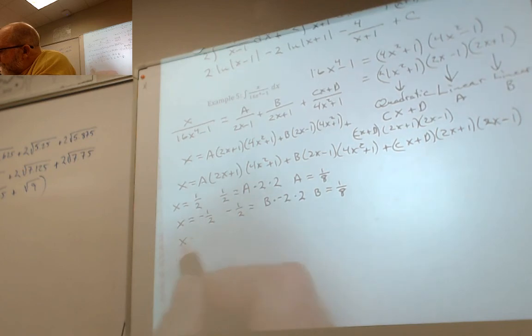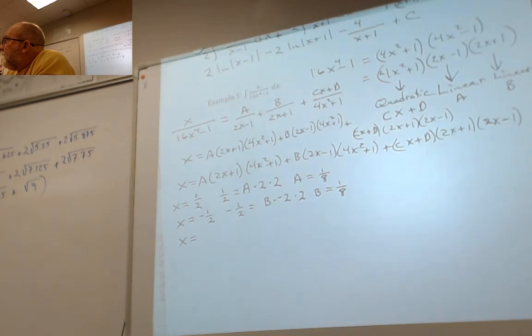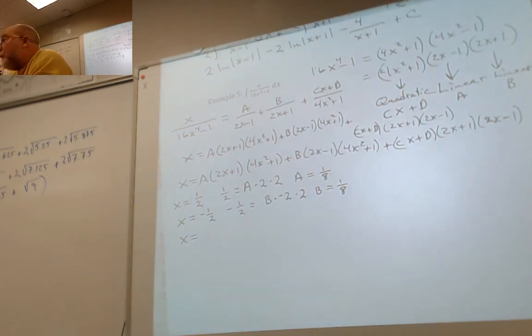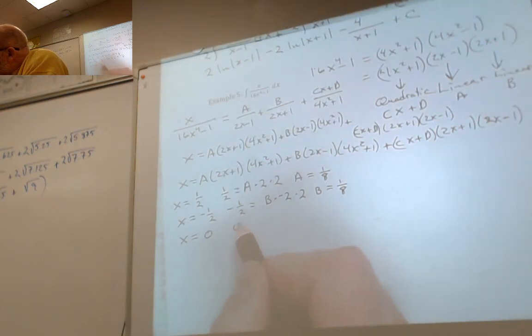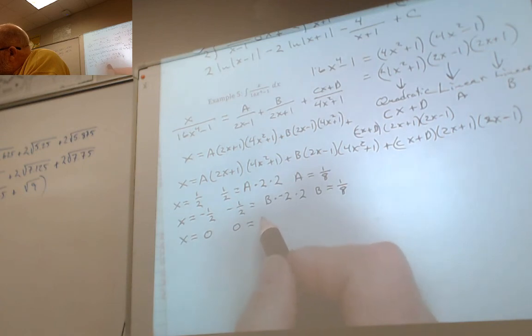x equals what? What do you want to pick? What would be an easy number? Zero, I think, is a real nice number. So I get 0 equals, well, I'm going to have 1/8, because I know what A is, times 1 times 1.